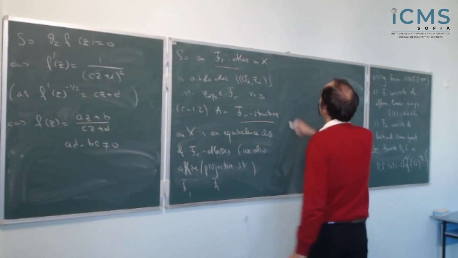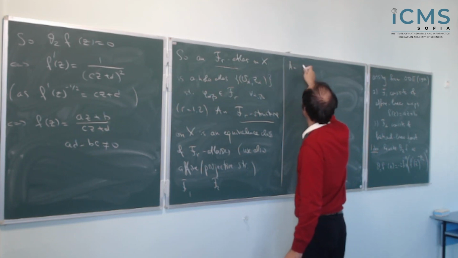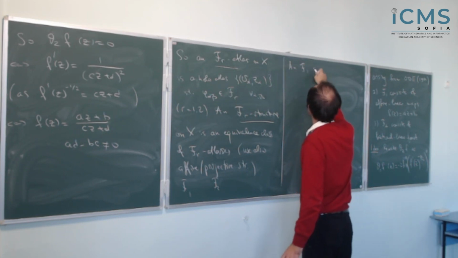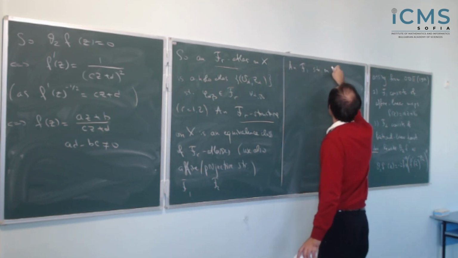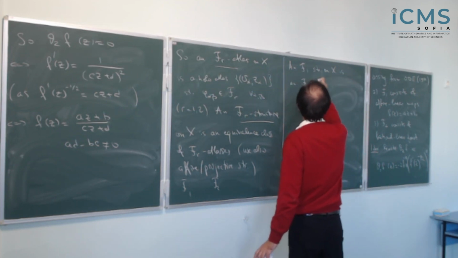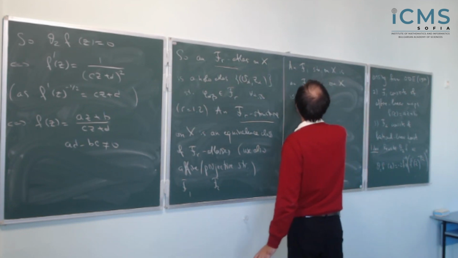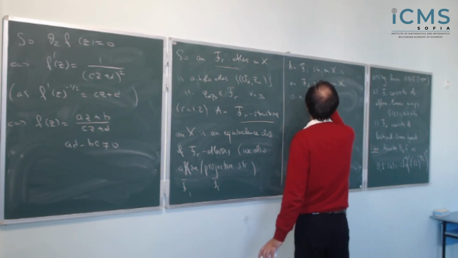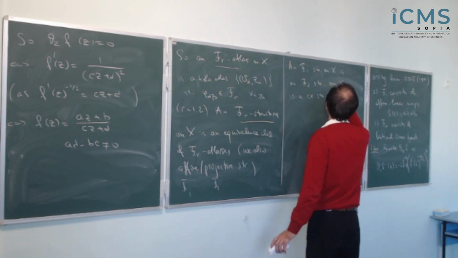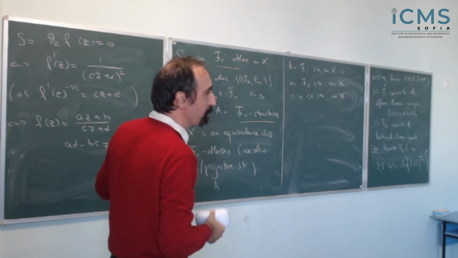So an F_1 structure on X, or an F_2 structure on X, right, is a complex structure on X. But this is, again, extra data.